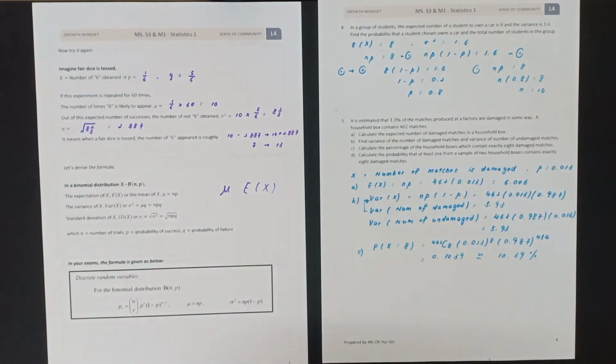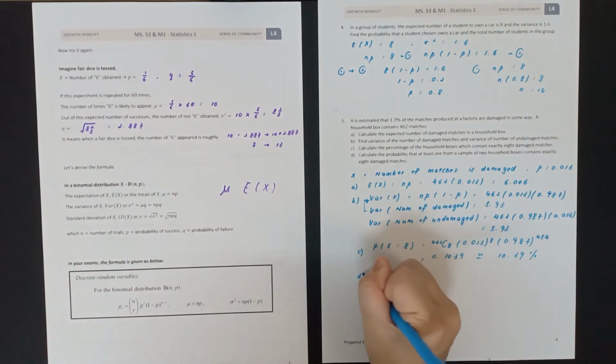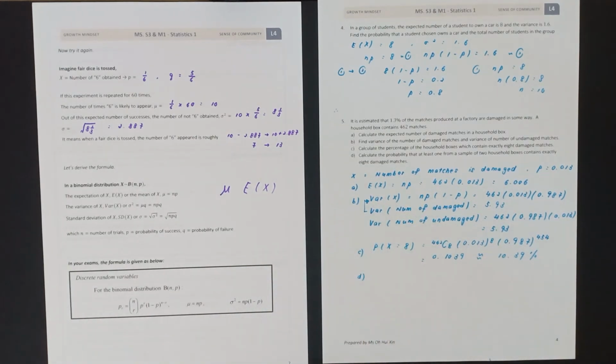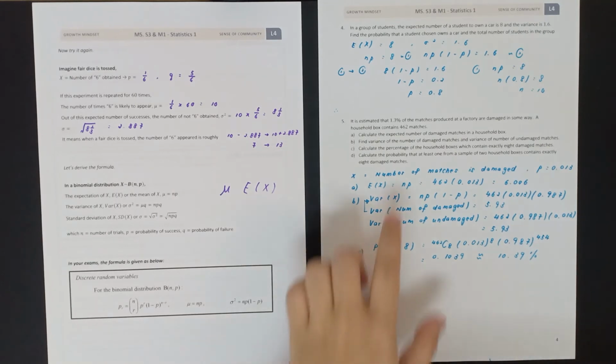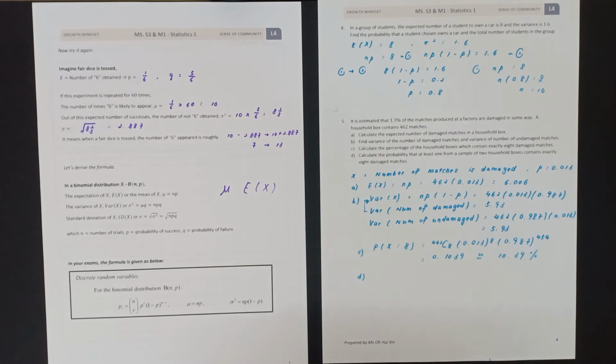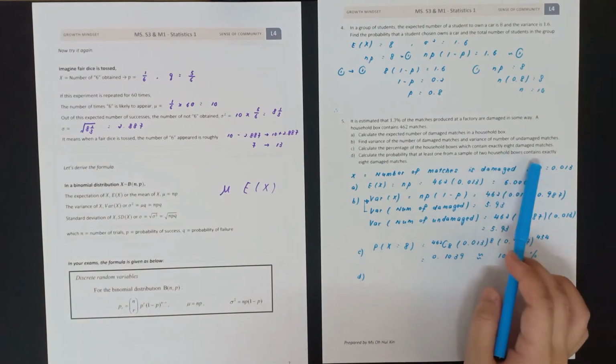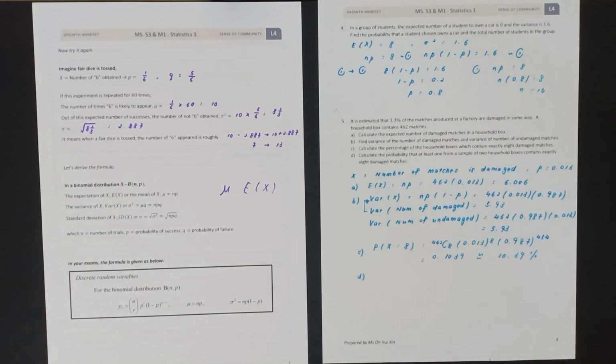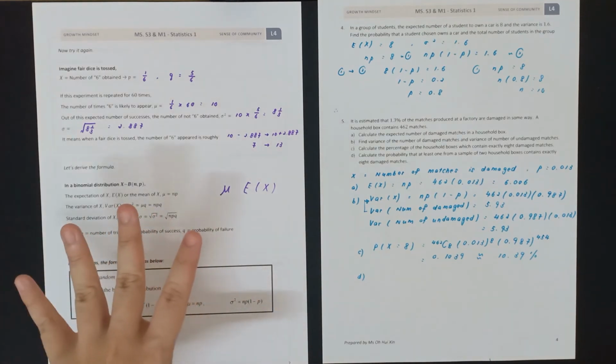Alright, okay, so that's settled for C. For D, I think this is something special about this question, so I take it in so I can explain more examples or more special questions to you. Calculate the percentage that at least one from the sample of 2 household boxes contains exactly 8 damaged matches. Okay, so now what is this question asking? Instead of finding the number of matches, whether it's damaged or not damaged, they are talking about whether a household box has 8 damaged matches or not.